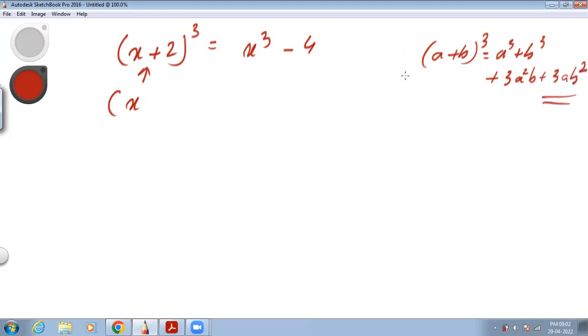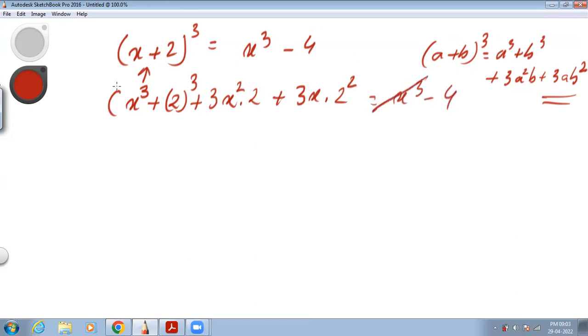This is the formula. So if you convert this, you're going to get x cube plus 2 cube plus 3x square into 2 plus 3x into 2 square equals x cube minus 4.